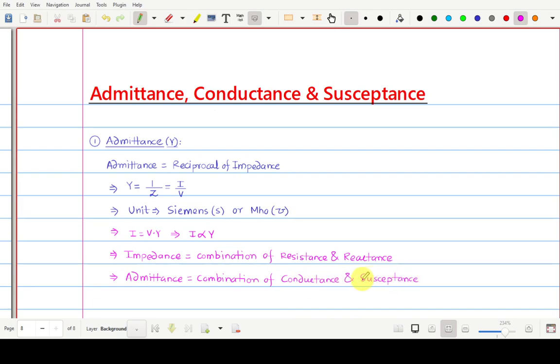So if these two parameters increase, current flow will increase. But in the case of conductance the rate of increase of current flow will remain the same, whereas in susceptance the rate of flow of current will depend upon time. That is the basic difference between conductance and susceptance, and both these quantities are measured in mho or Siemens. In detail we will see these parameters.